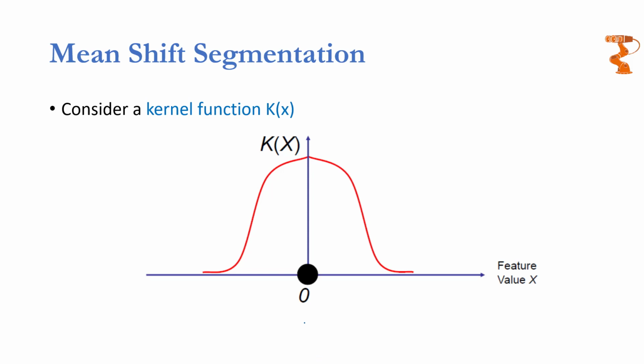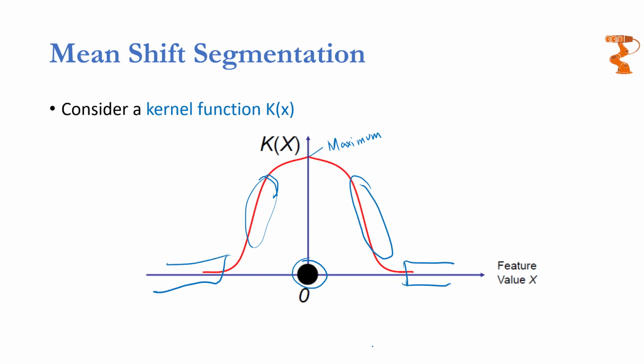This kernel function is representing that the probability that a feature value will lie somewhere over here is maximum, whereas the probability that this feature value can lie somewhere in this region or this region is mediocre, whereas the probability that a feature value will lie somewhere over here is quite low.